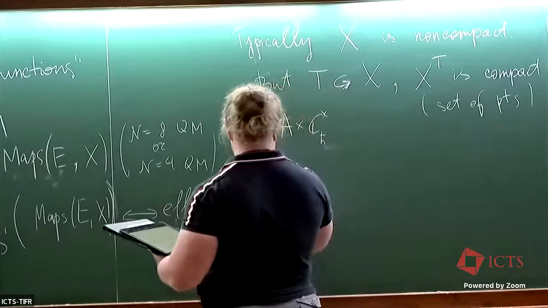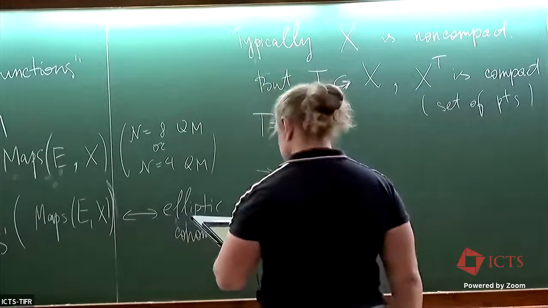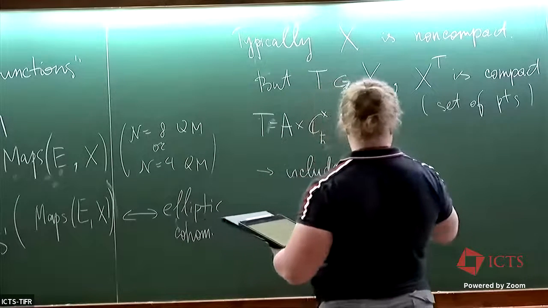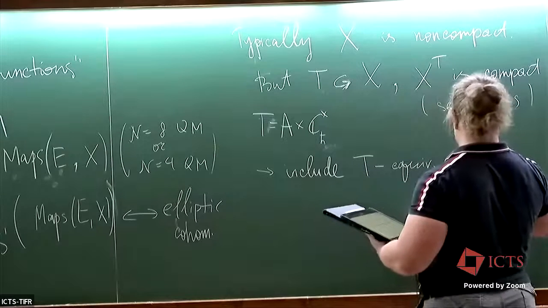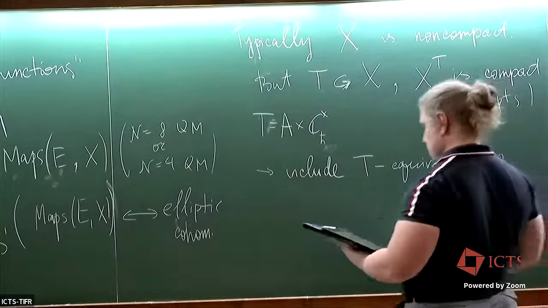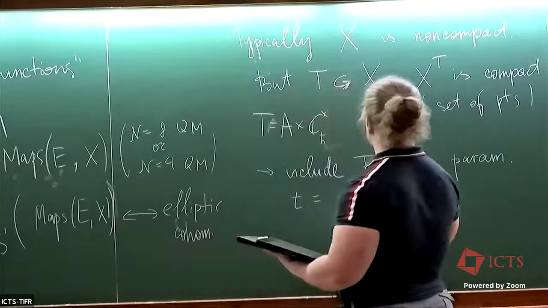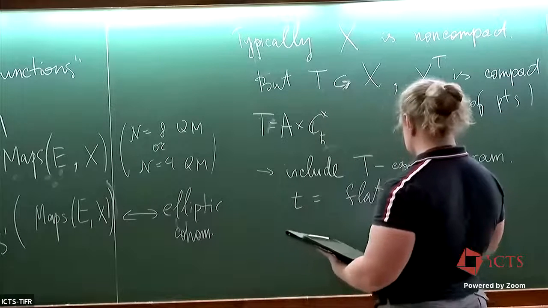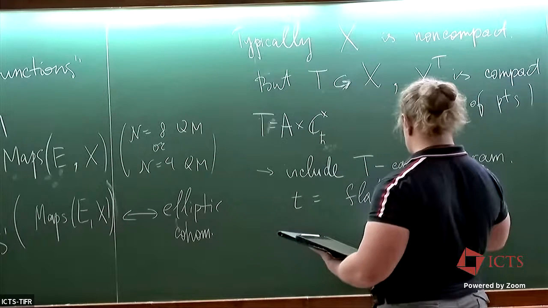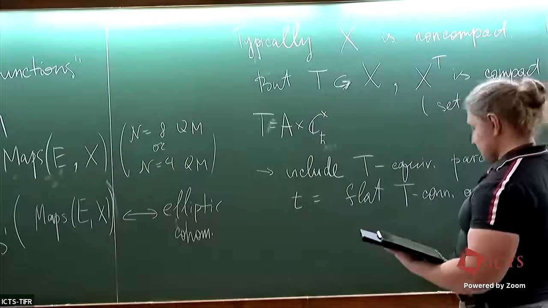So I will include the equivariant parameters, which I will denote little t. And they're realized physically as flat connections for T, so flat T connections on the elliptic curve.